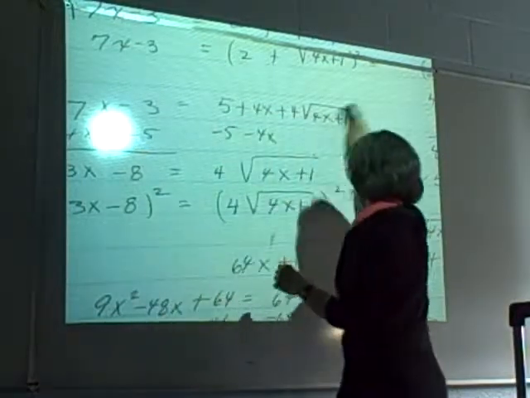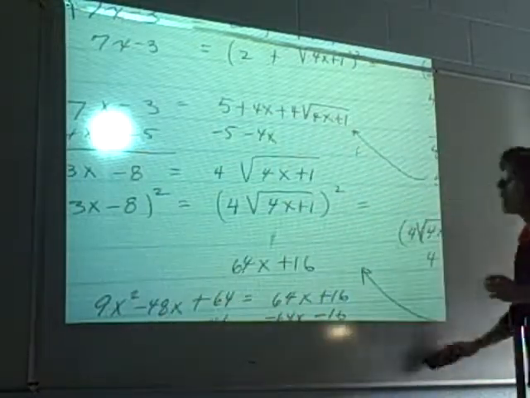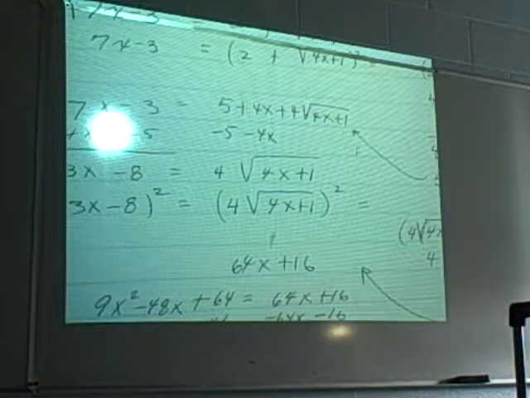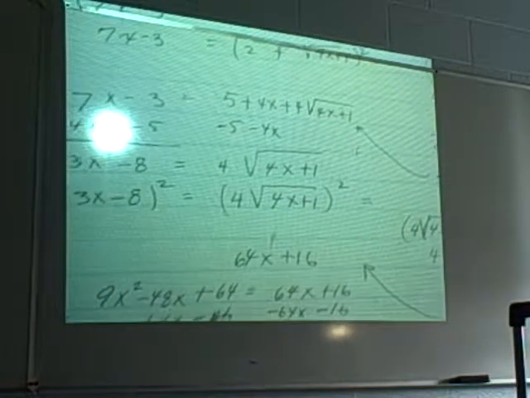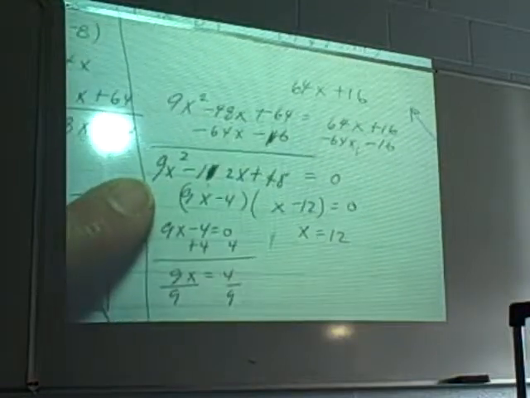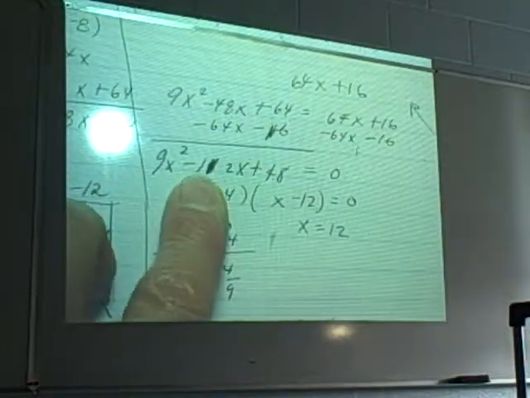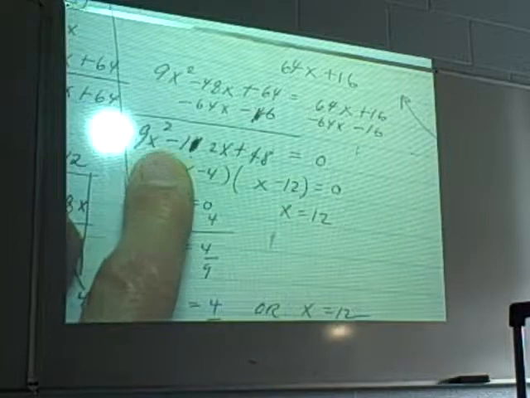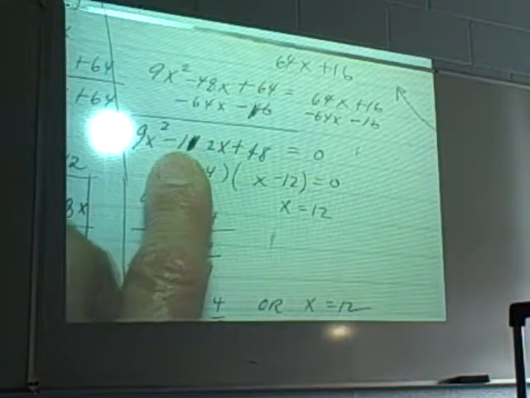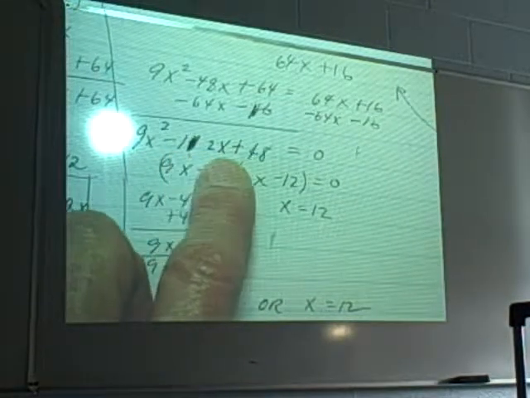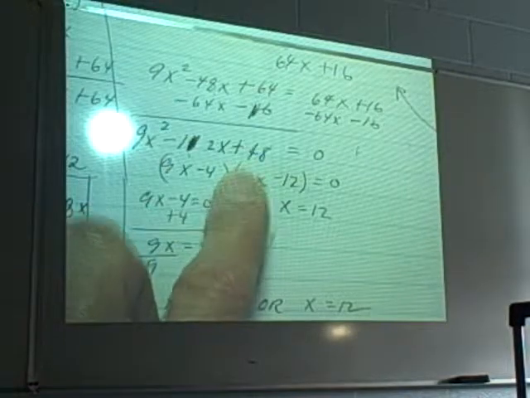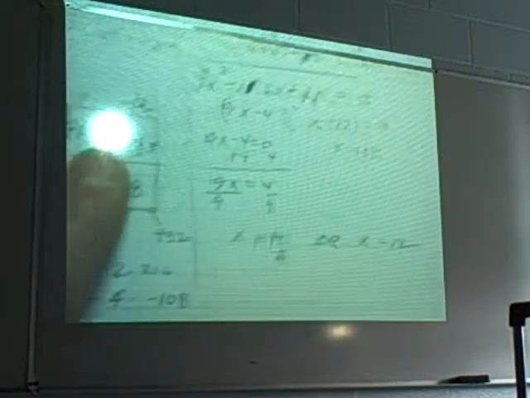I don't think so. So, all right, I have like 2 minutes. I'm gonna do this quickly because hopefully, there was a question about getting to the factoring. Okay, did everybody get to 9x squared minus 112x plus 48? Yeah. Okay, and then I did the area model.